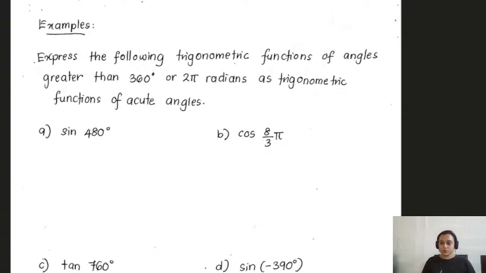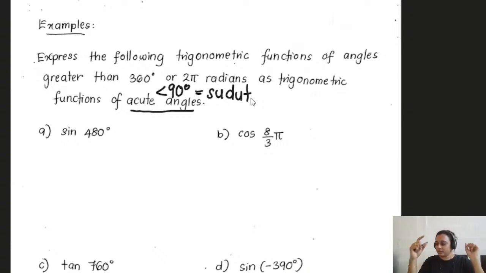Alright, express this: express trigonometric functions greater than 360 as acute angles. Acute angles means less than 90. Can anyone who is learning in Bahasa remember the word? I can't recall the word for acute.